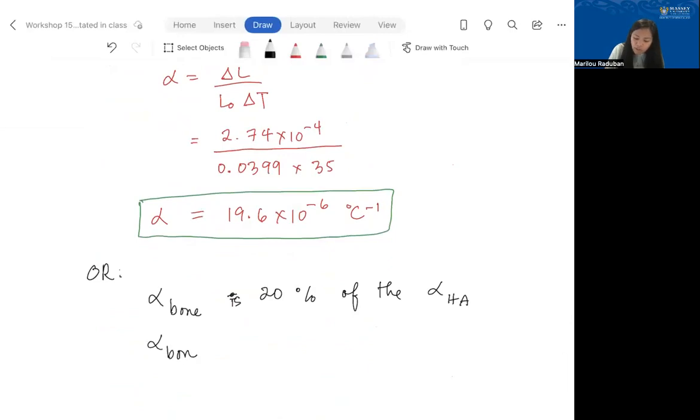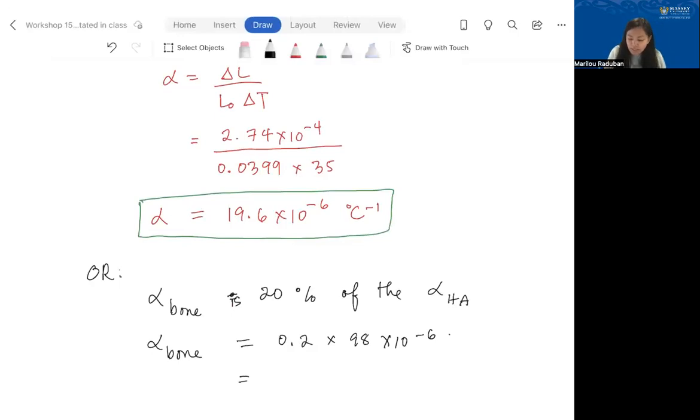Then we can just say alpha for the bone is 0.2 times the alpha of HA, which was given in the problem to be 98 times 10 to the minus 6 degrees Celsius to the minus 1.